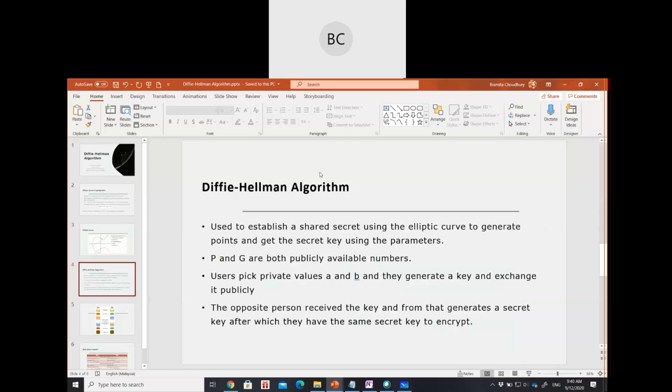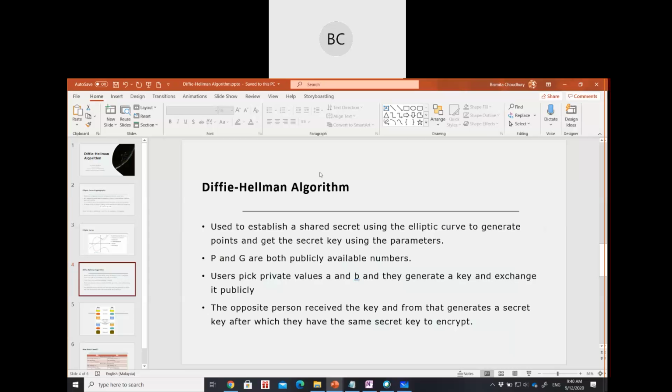It is used to establish a shared key that can be used for secret communication while exchanging data over a public network, using an elliptic curve to generate points and get the secret key using the parameters. Here we have two numbers available to both users.